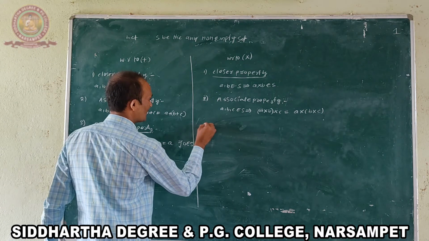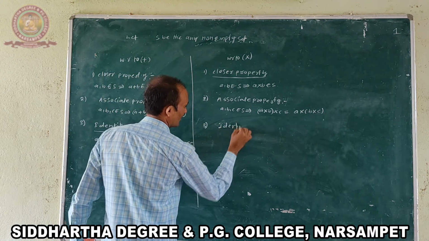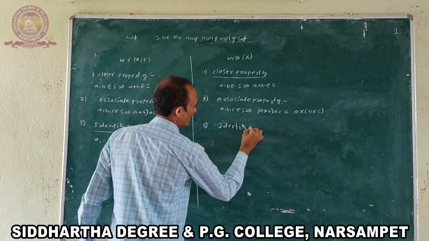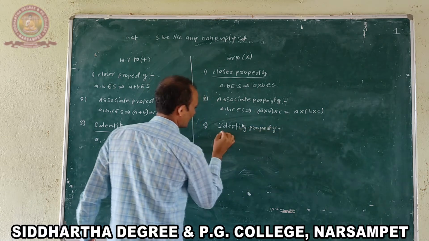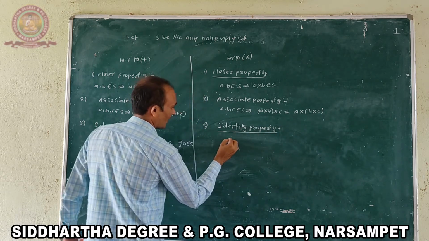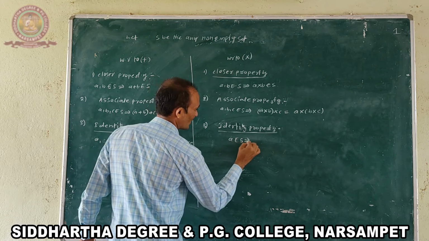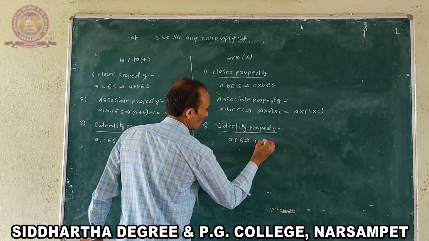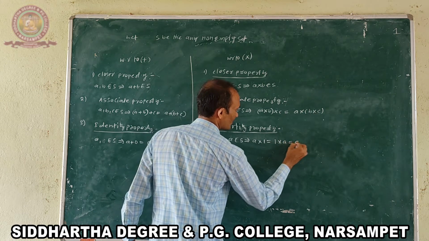Next, in multiplication, identity property. Here also a belongs to S implies a into 1 is equal to 1 into a is equal to a.